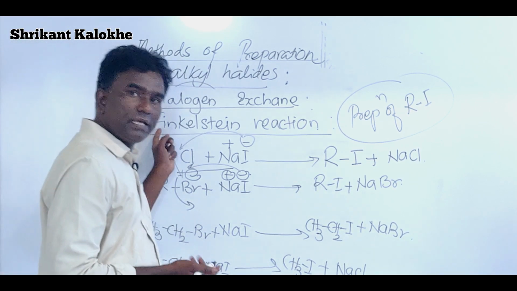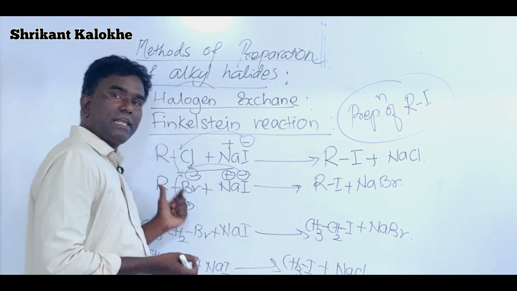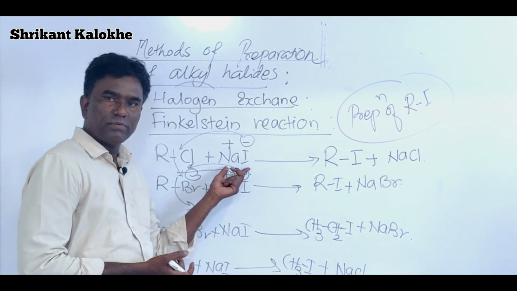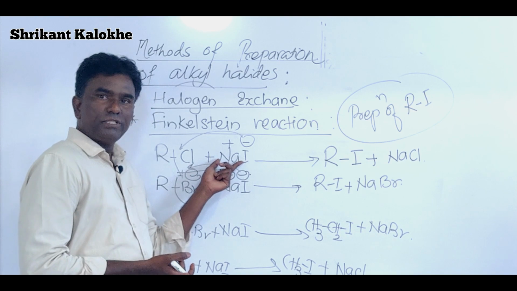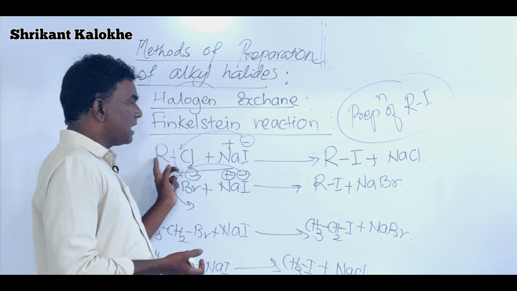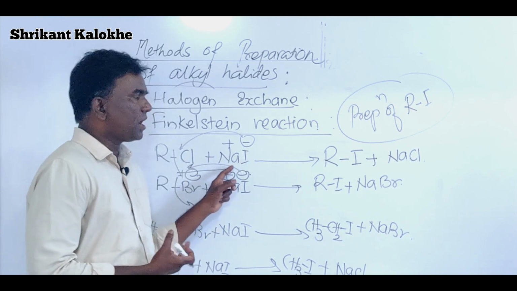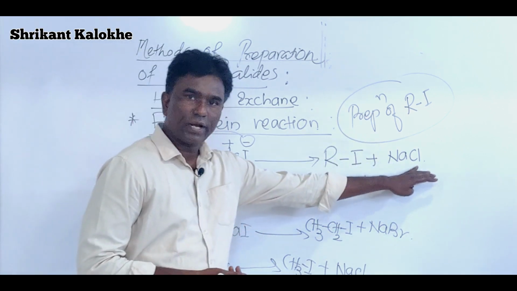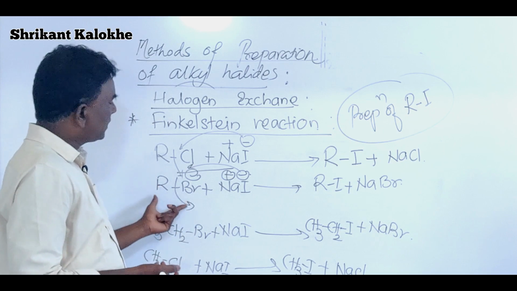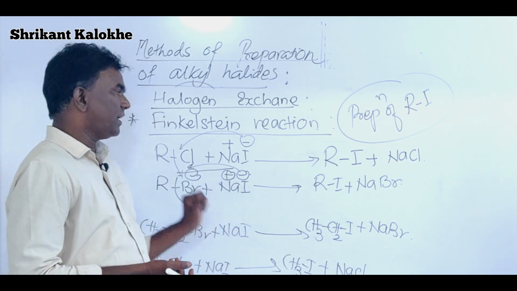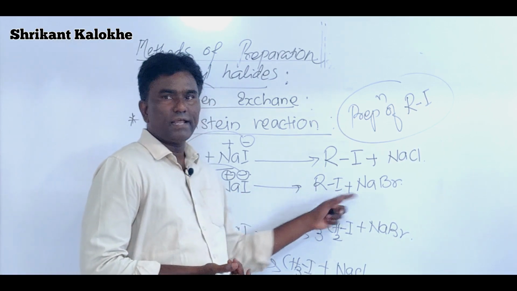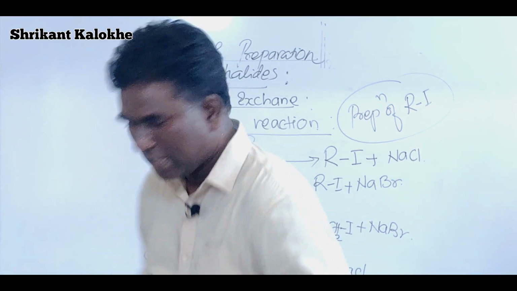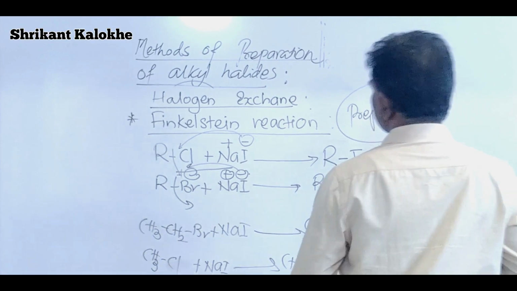Finkelstein reaction is conversion of any alkyl halide into alkyl iodide by treating them with sodium iodide. In this way, alkyl chloride, when treated with sodium iodide, gives alkyl iodide and the chloride salt is the side product. When alkyl bromide is treated with sodium iodide, it gives alkyl iodide and its sodium salt of bromide, sodium bromide. In this way, this is Finkelstein reaction.